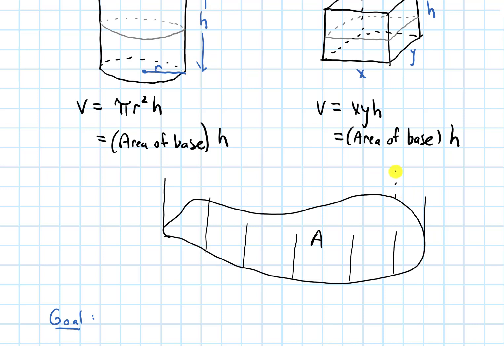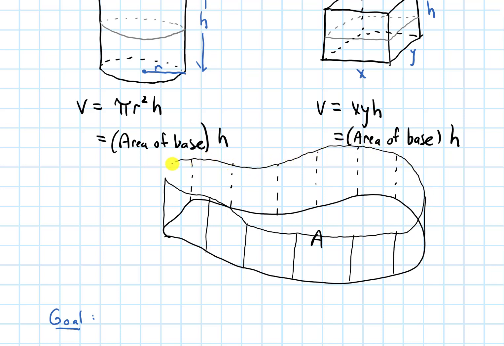For the back, maybe I won't be able to see these once I connect the top, so I put dashes. I've got to make it the same height throughout. Now I'm going to connect those tops, in such a way that I get the same sort of shape that I had for the bottom. That's going to look something like this. So we have this shape, and this vertical distance is the height.